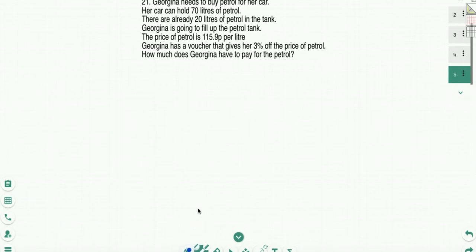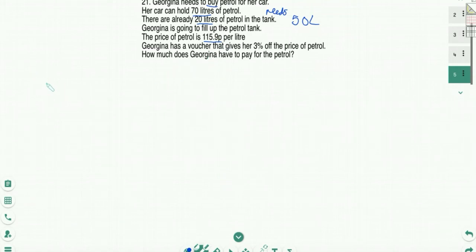Okay, let's go step by step. So Georgina needs to buy some petrol. Her car can hold 70 liters. And there's already 20 liters. So if she needs to fill her tank up, she only needs to fill 50 liters more. So she needs 50 liters of petrol. The price of petrol is 115.9p per liter.